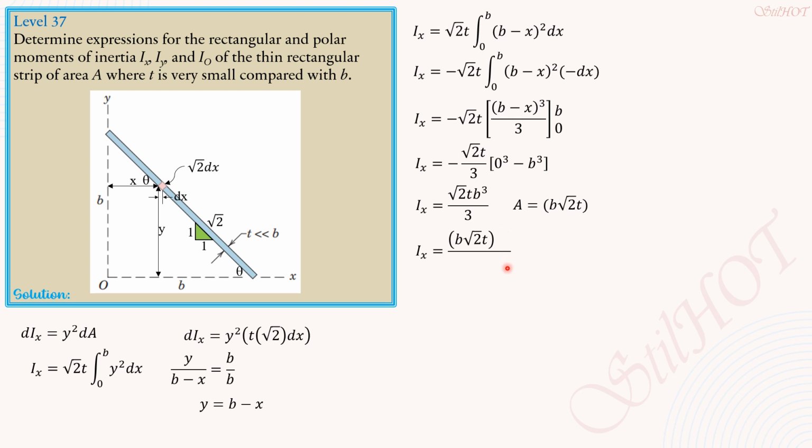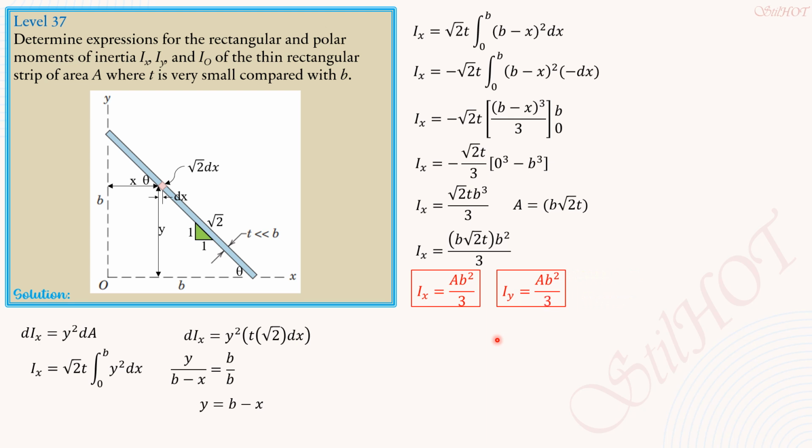Ix is equal to b square root of 2 times t times b squared over 3. That's the same. Then we replace this by area, therefore Ix equals area times b squared over 3. And because we imagine this is the x-axis also, same orientation because the slope is the same, 1:1 or 45 degrees, therefore Iy is equal to Ix. It is also A b squared over 3.